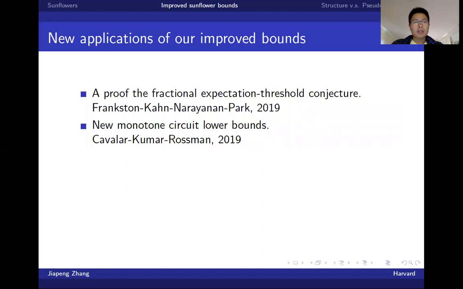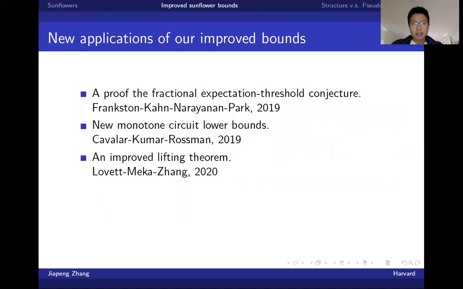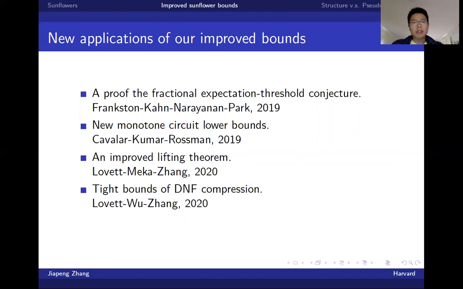And the second one is a new monotone circuit lower bound, proved by Cavalar, Kumar, and Rossman. And the third one is an improved lifting theorem, proved by Lovett, Meka, and me. This is from communication complexity, and it also gives a tight bound on DAG compression.